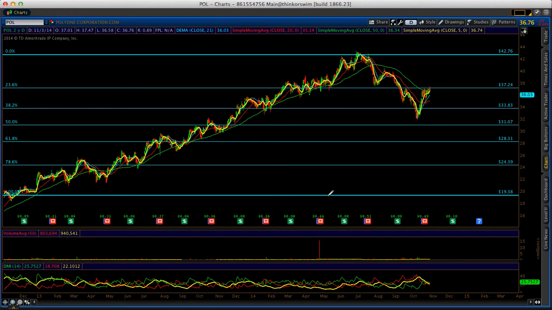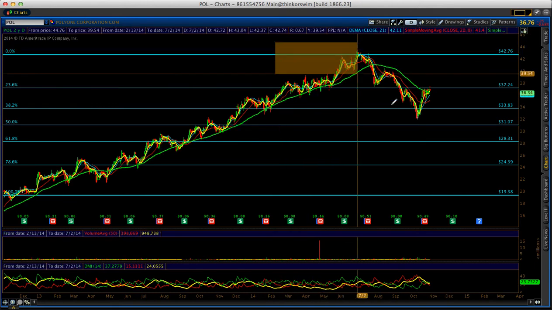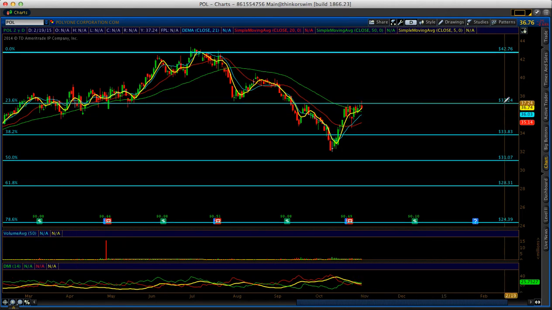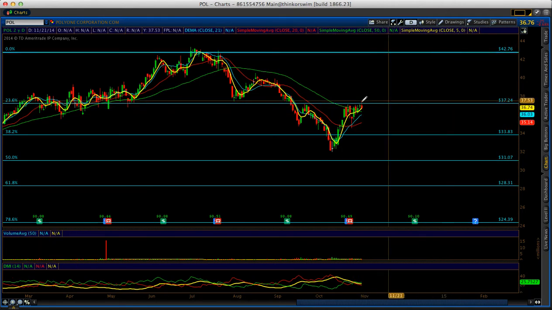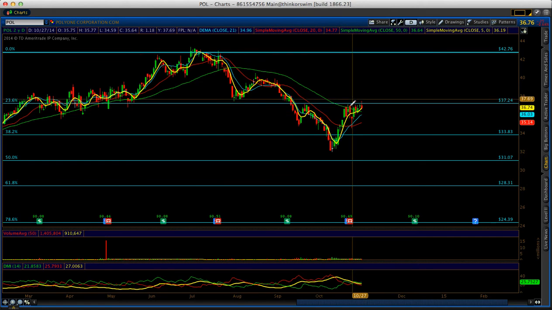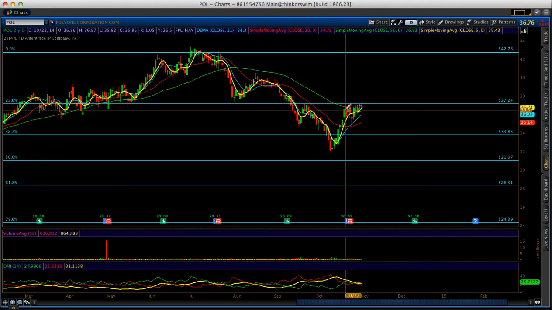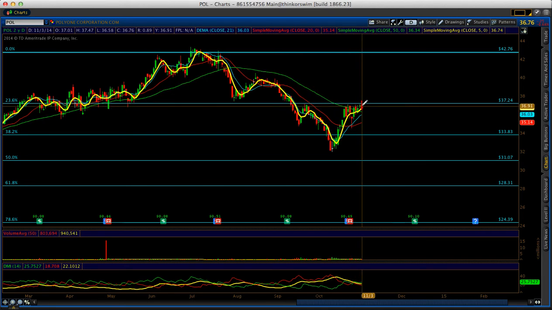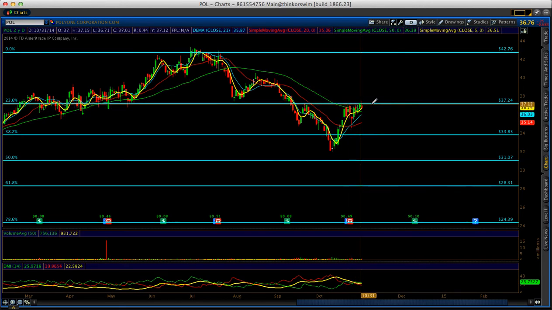Now let's talk about POL. This is Polaris Corporation right here. You can put this one in your watch list, since it bounced but found resistance at this Fibonacci level, 37.24. So this is a good one to have, because I have a bunch of candles trying to break out this level. You can see 1 2 3 4 5 6 7 8 9 candles trying to break out this level.